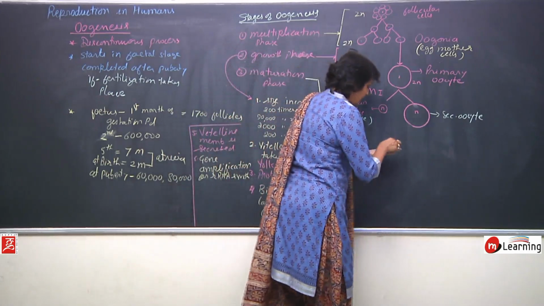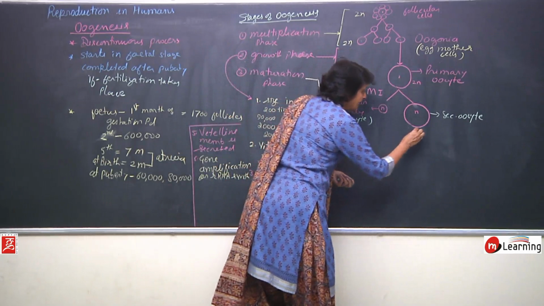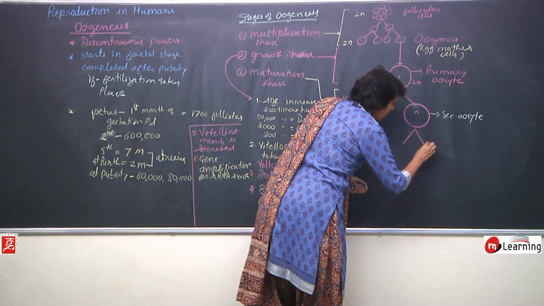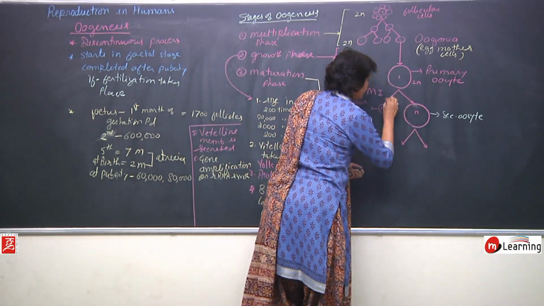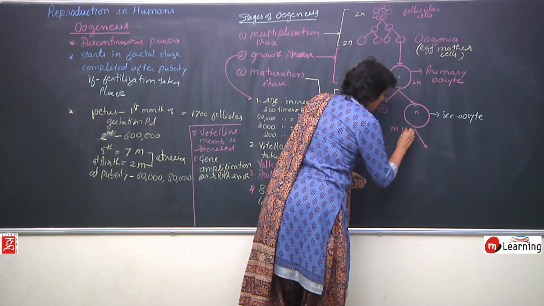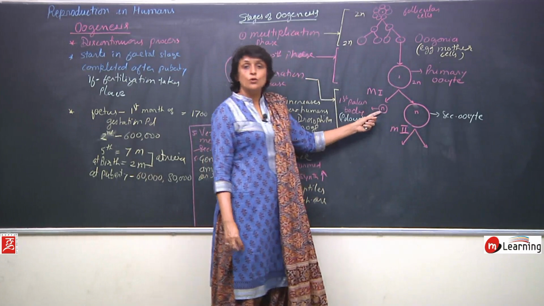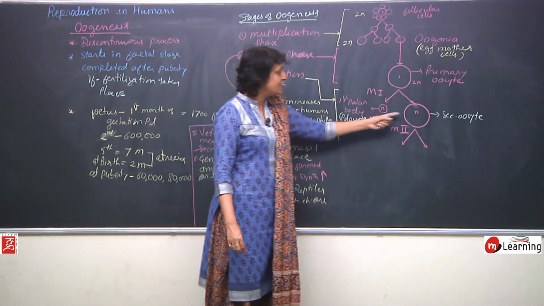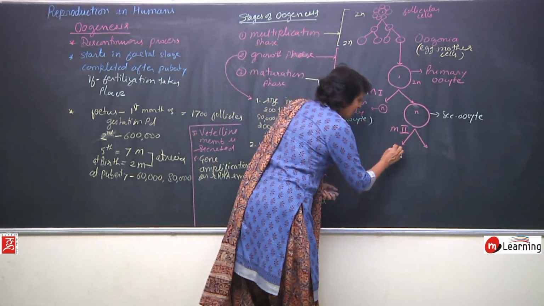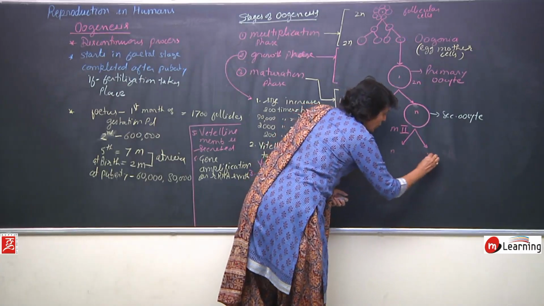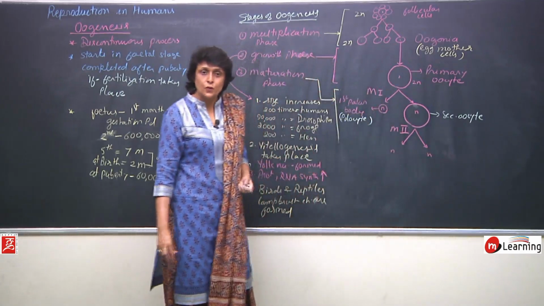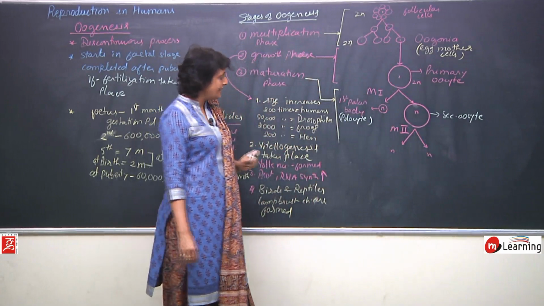So now this secondary oocyte undergoes meiosis 2. Meiosis 2 is equational division. That means the chromosome number will remain the same as the parent cell. So here also the two cells which are formed will have the same number of chromosomes, that is, haploid cells.